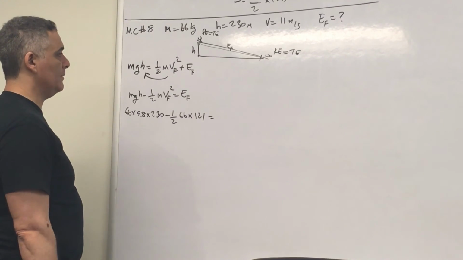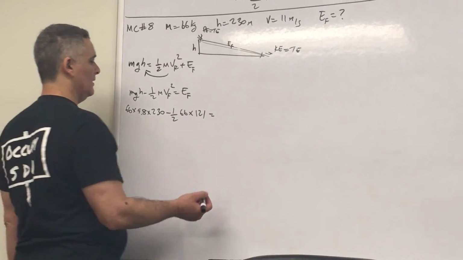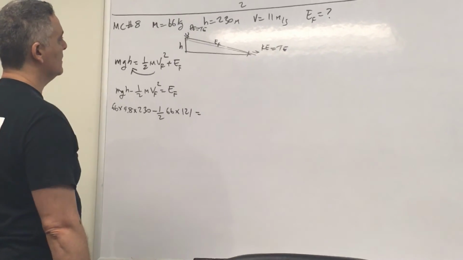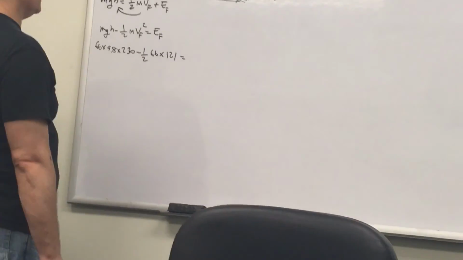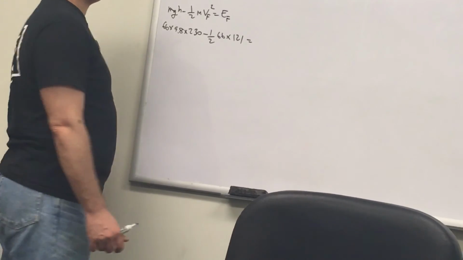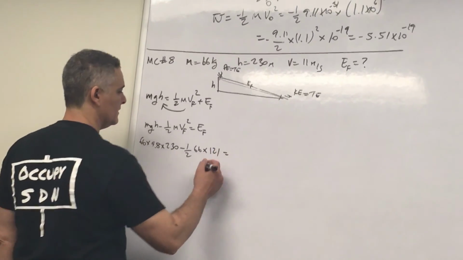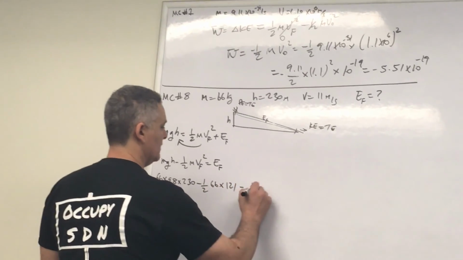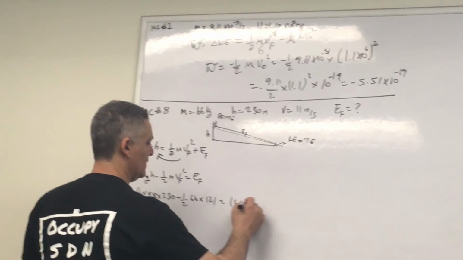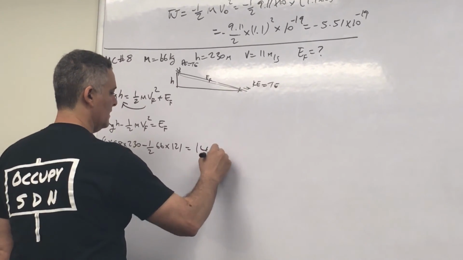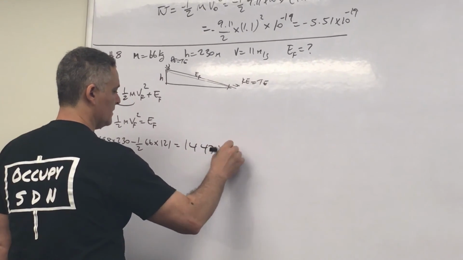I don't have a calculator with me. It's negative 14,471. Well, I mean, the amount of energy lost is 14,000. Should it be bigger? Okay, 14,000. I can redo it. No, 14,471 joules.